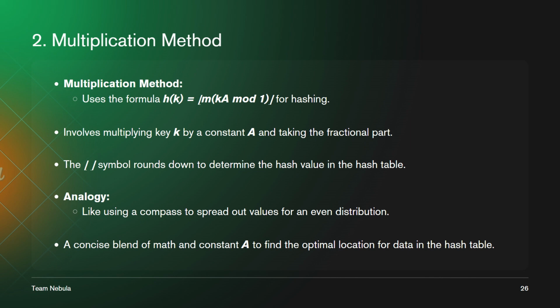The k times A modulus 1 helps spread the values out, and the floor operation ensures we get a nice whole index number. So that's the multiplication method, a bit of math and a sprinkle of a constant A to find the right place for our data in the hash table. It's like following a treasure map with a few clever twists.